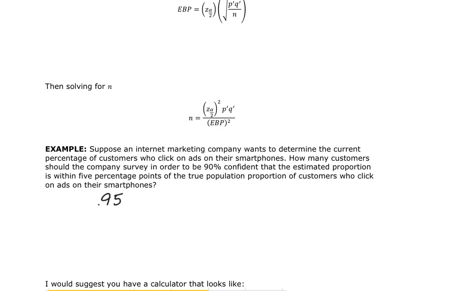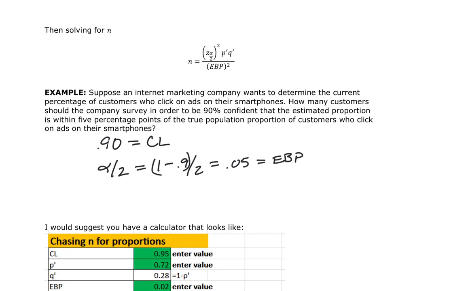That is going to be my confidence level. That means my alpha divided by 2 is going to be 1 minus 0.95 divided by 2. This gives me 0.025. Now, they don't give us our P. They don't give us our Q. So the safe thing to do is assume that P prime is going to be 0.5. That means Q prime is going to be 0.5.